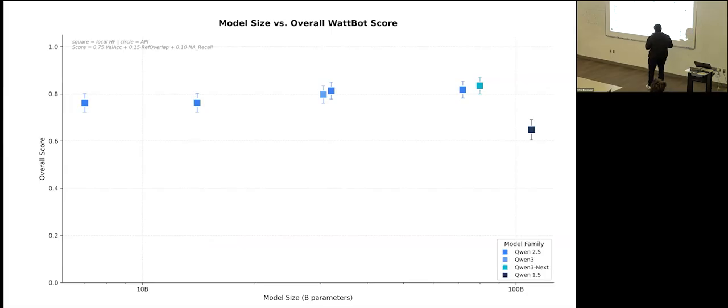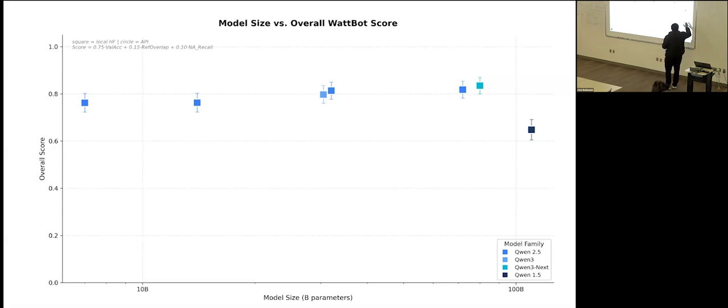Here we generally see that in the middle we have the Qwen 2.5 family models and the Qwen 3 that share somewhat similar scores, but it seems that the higher the number of parameters, there's a reduction in the accuracy over time, probably going to plateau for some reason.